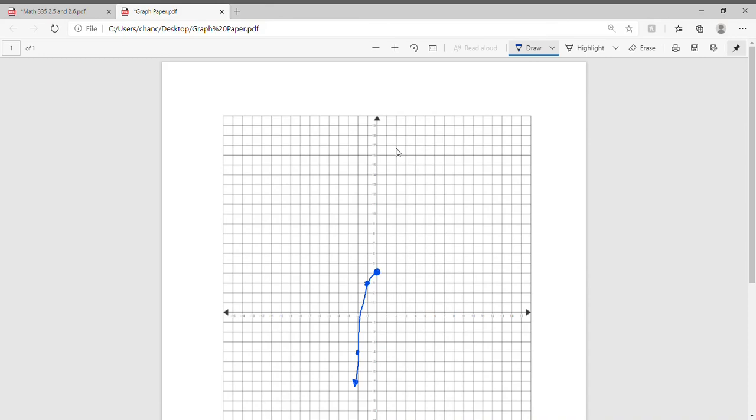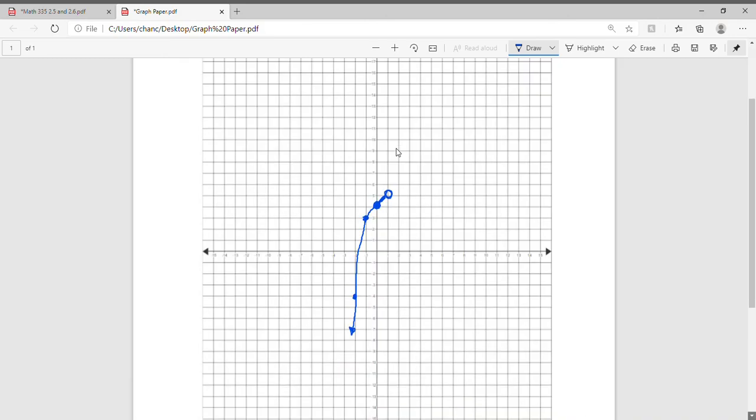Now we'll plot the point 0.5, 4.5, and then 1, 5 is an open circle. Next we'll plot 1, 5, and that fills in the previous open circle. This is now closed.